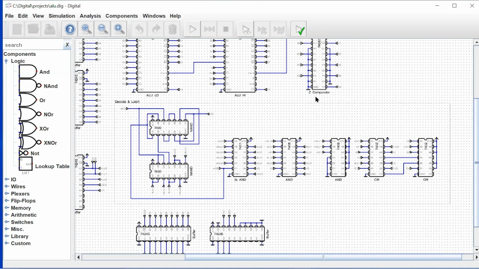You can see we have quite a lot of chips here. What I'm going to try to do is, I've ordered some GAL chips, programmable logic array chips, and I'm going to try and implement this all in a single chip. I don't know whether I'm going to be successful with that.